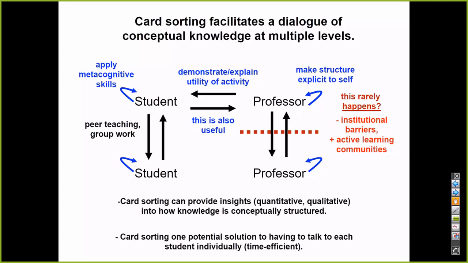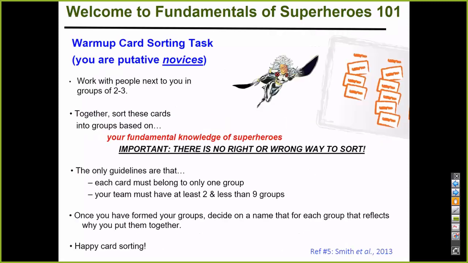Okay, so I want to get to the first actual card sorting activity. What makes this interesting is that you get quantitative data. Card sorting has been around for a while, but what it's been lacking is getting numbers out of it. Without further ado, there are two card sorting tasks basically.